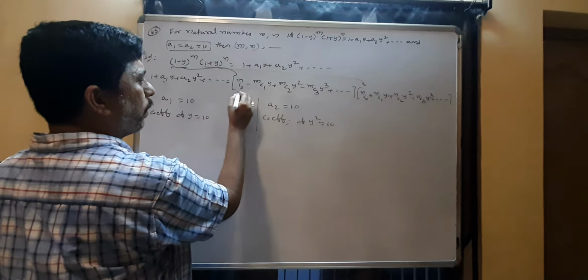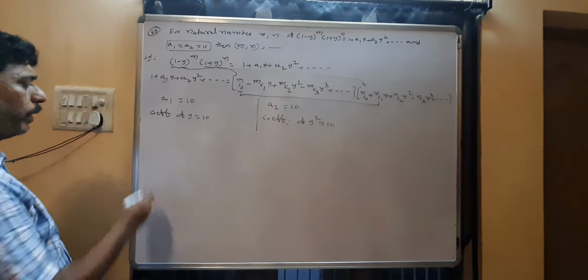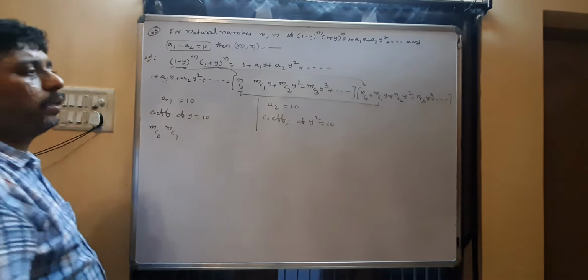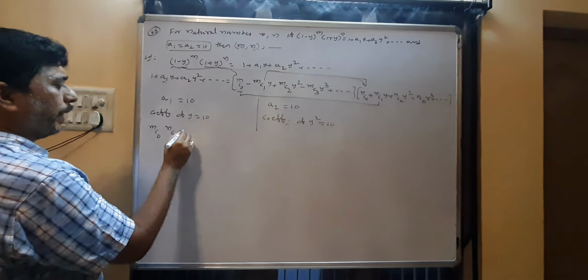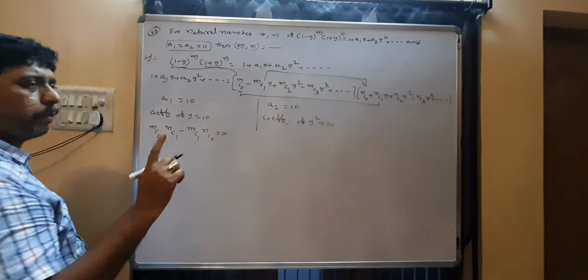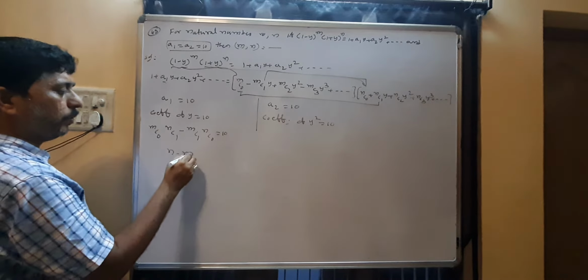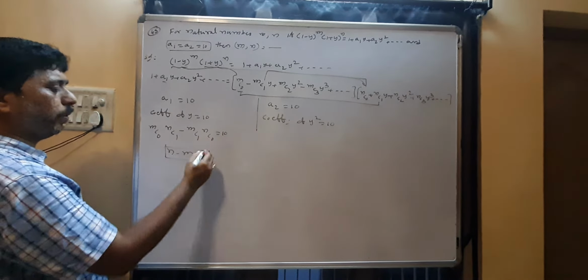In this case, constant is mC0, coefficient of y is mC1. So mC0 into nC1, next minus mC1 into nC0 equal to 10. C0 means 1, nC1 value is n, minus mC1 value is m, nC0 value is 1, so n minus m equal to 10.